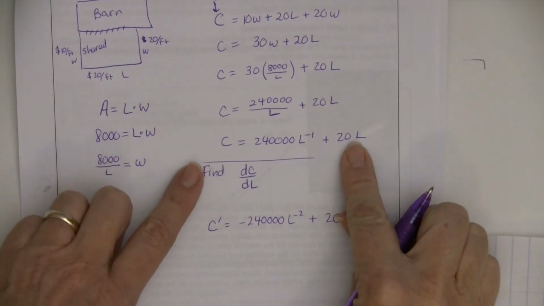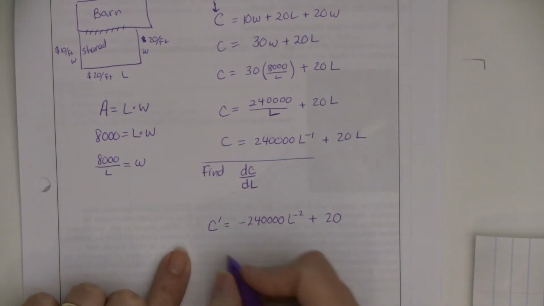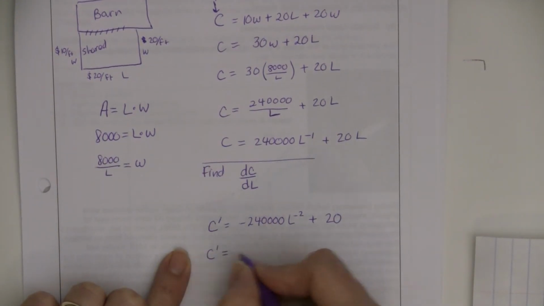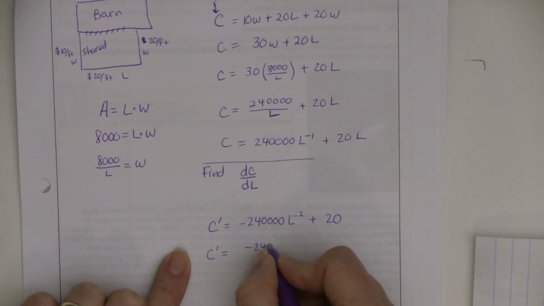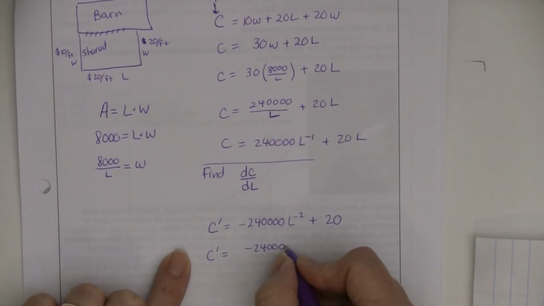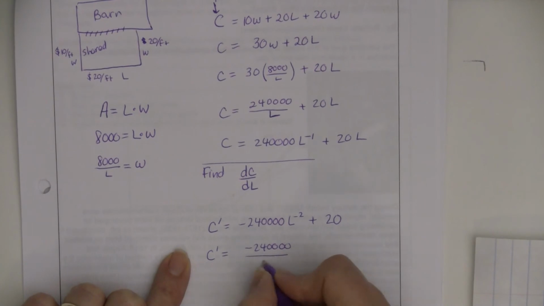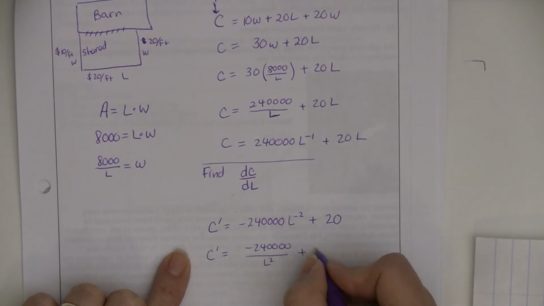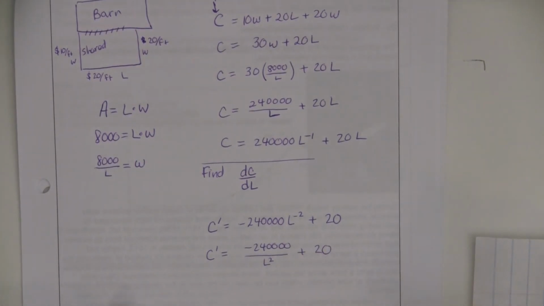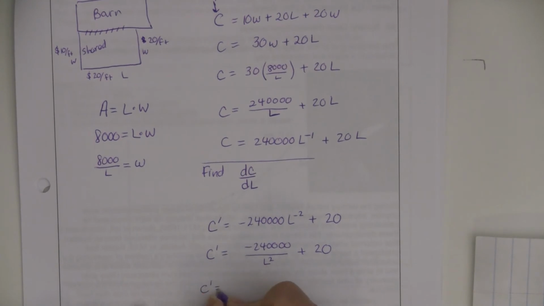The derivative of 20L is 20. So cleaning my derivative up just a little bit, this is negative 240,000 over L squared plus 20. And remember, we're going to look where C prime equals 0 and where C prime is undefined.